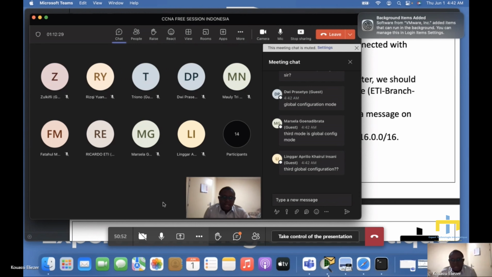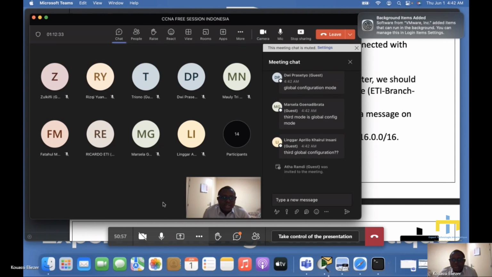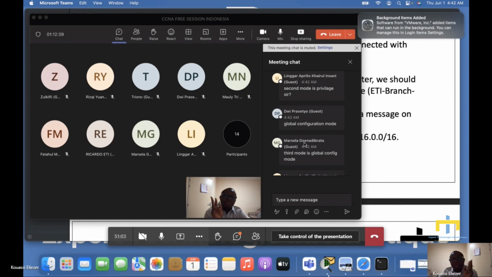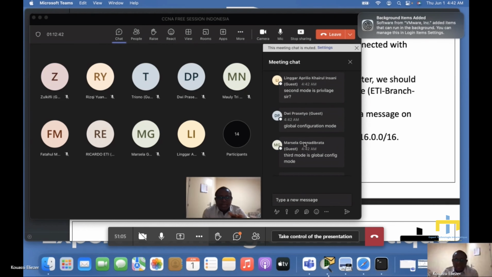Thank you very much, Linga. Thank you, Prazitu, thank you guys. So in a nutshell, the router has three modes. The first mode is called user mode. The second mode is called privilege mode, and the third mode is called configuration mode.